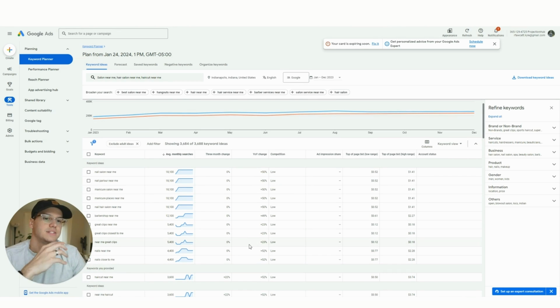So this exercise only demonstrates demand. It's obviously not demonstrating supply. So there very well may be too many hair salons or booth rent salons in the area. This is not going to demonstrate that. One thing might be this competition. That's competition for those keywords.